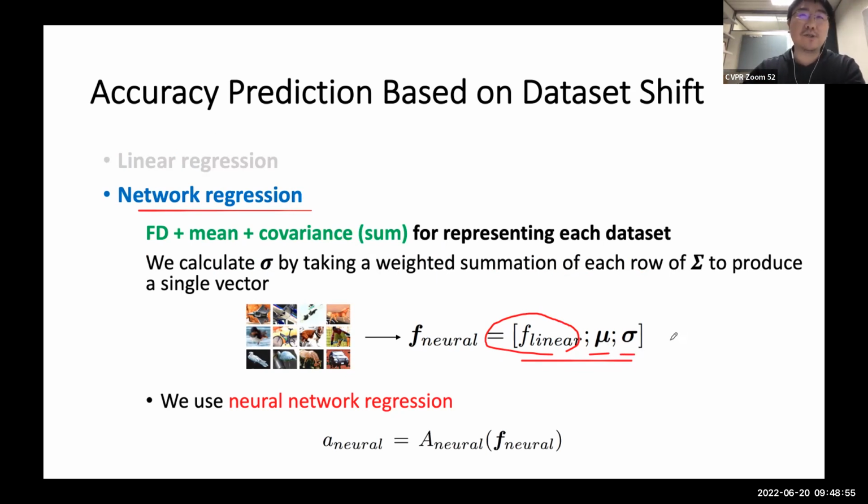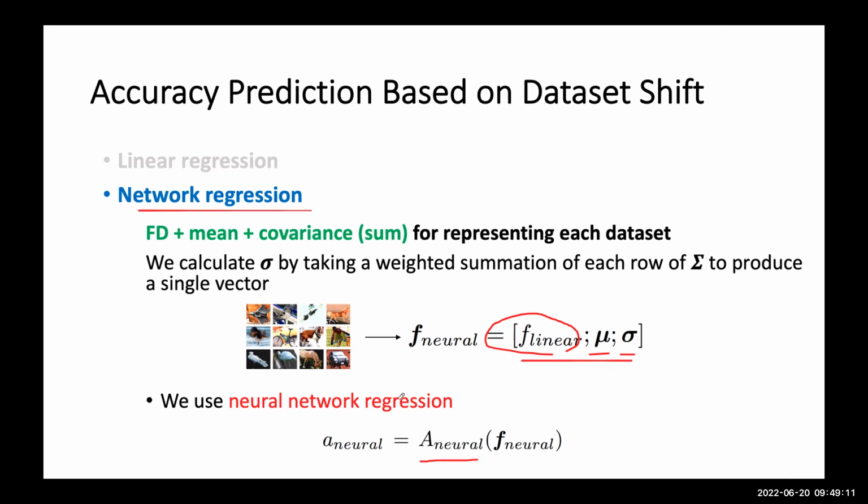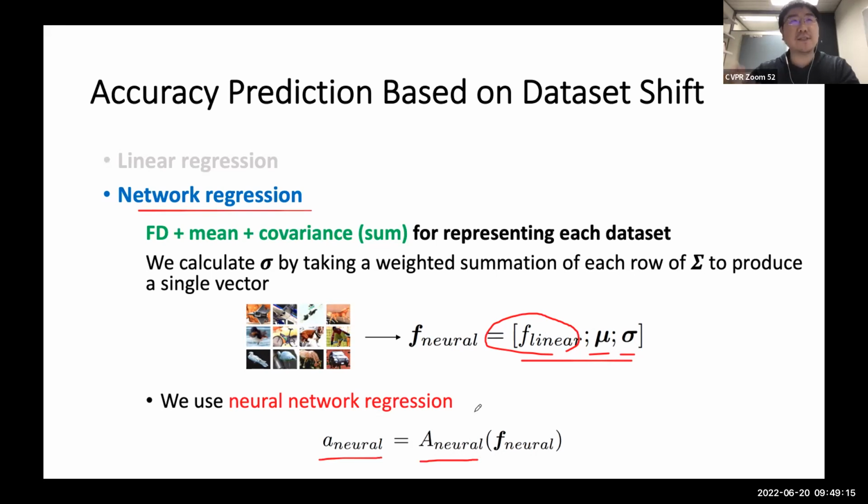So we have a higher dimensional representation of a test set. We feed this representation into a neural network composed of a few layers of MLPs, and we can obtain the accuracy like this. So this is the neural network regression method.